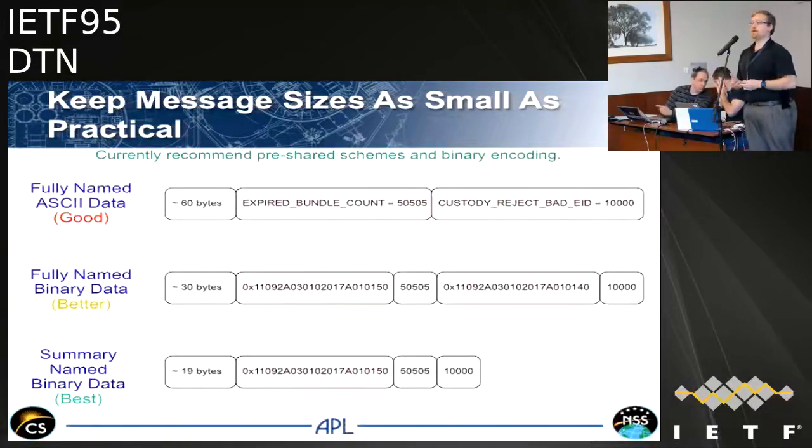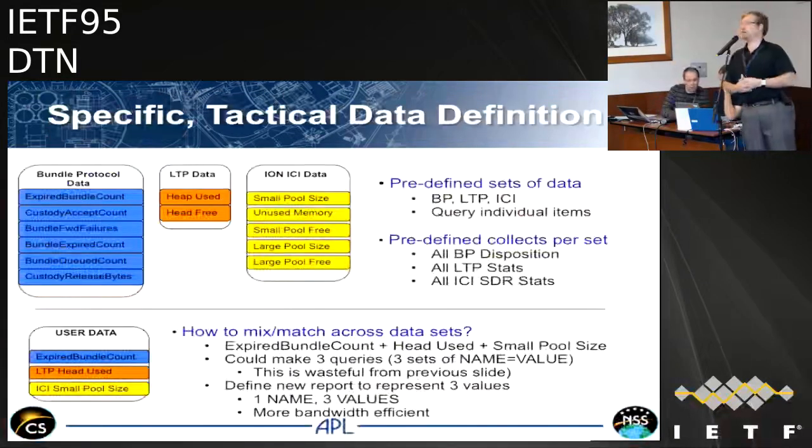We do allow, and it is expressive for people to define tactically their own data types, and that schema and definition can also be pre-shared, but in situ, we are dealing with pre-shared schema types to reduce the overall data size.